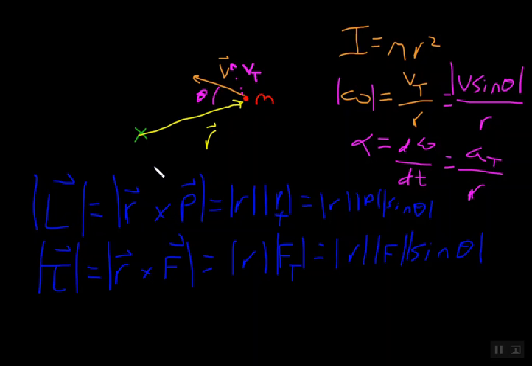With the cross product, r cross p, the direction is going to be perpendicular to both vectors. r is in the plane, so is the velocity vector, so the momentum vector is. The angular momentum vector will be pointed out of the screen. It's going to be perpendicular to both r and p. If it's moving clockwise, though, it's going to be pointed into the screen. So counterclockwise is out towards you, clockwise is away from you. And that's sort of the shorthand.